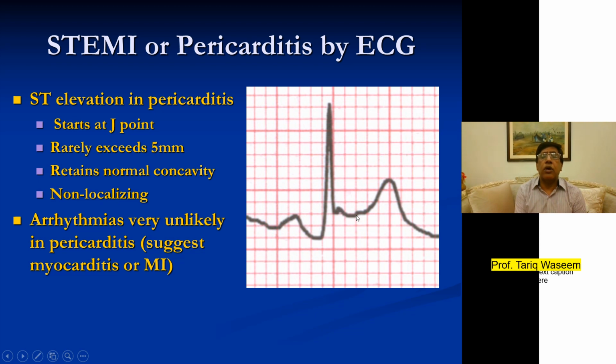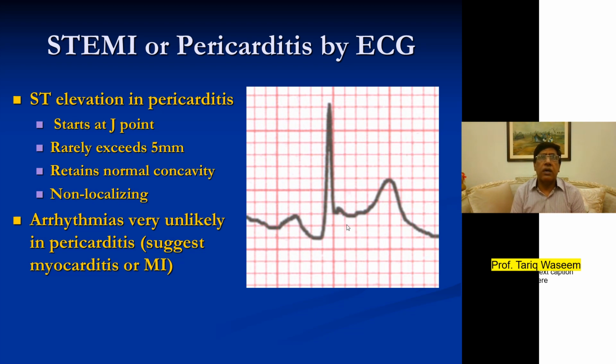It retains its normal concavity, as you can see over here, and it usually does not have a characteristic localizing value, as you have ST segment elevation in 1, aVL, V5-6 in a lateral wall infarct, and V1, V2, 3 in an anterior wall infarct. These changes in pericarditis are almost diffuse, in almost all the leads.